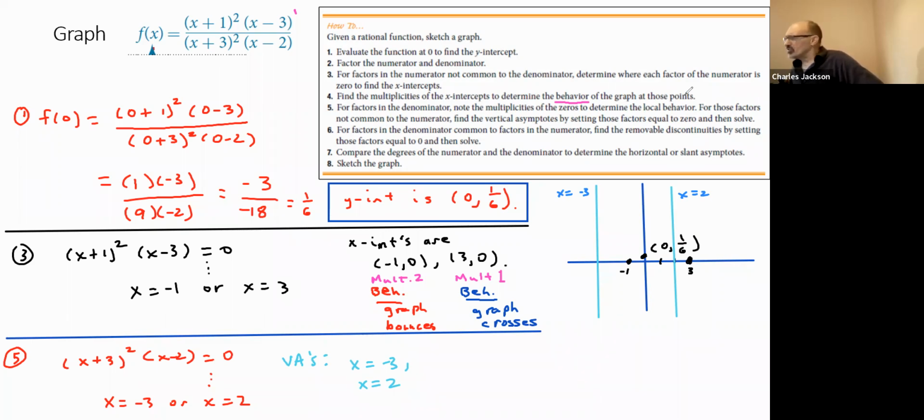Compare the degrees of the numerator and the denominator to determine the horizontal or slant asymptote. Okay. Now the degrees here are the same. Now the degree is the highest power on x.